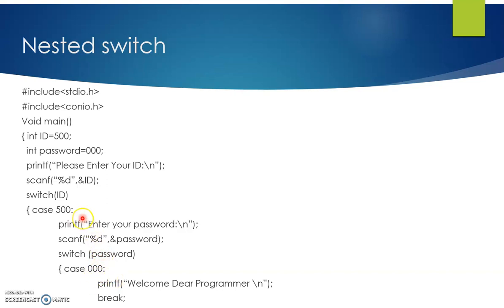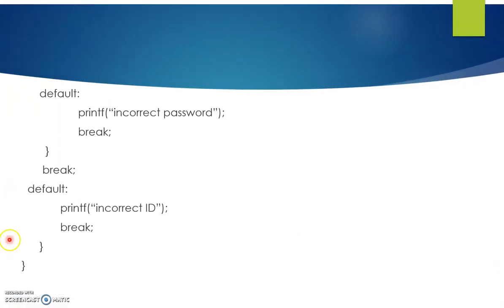And if these both conditions are satisfied, then it will print the name of the user. That is, here we have written welcome dear programmer. And if this password or ID is incorrect, the switch case will trigger the default case and print appropriate text regarding the program outcome. Here we use incorrect password or incorrect ID.